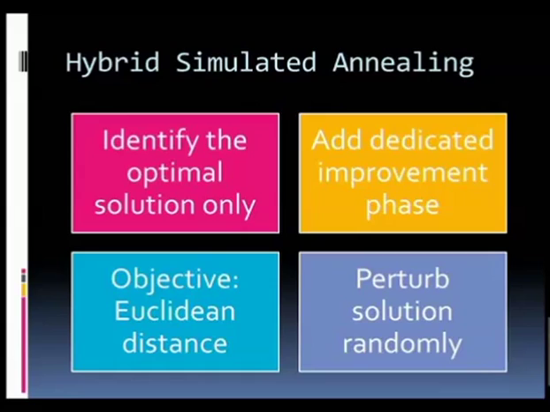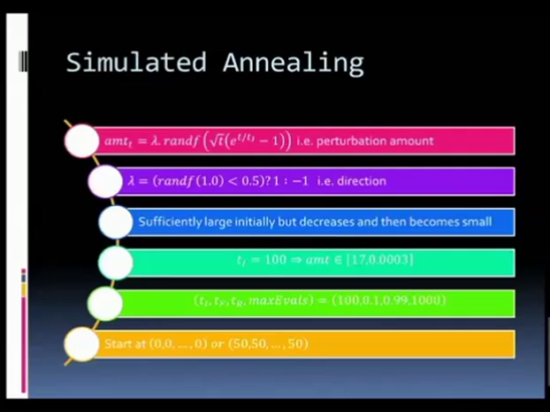So this is a continuous problem, not a discrete problem. And because it's continuous, you need to choose the perturbation amount. Most other approaches with simulated annealing for that continuous type of problem have a fixed, static perturbation amount, but that is not very good for this type of problem.